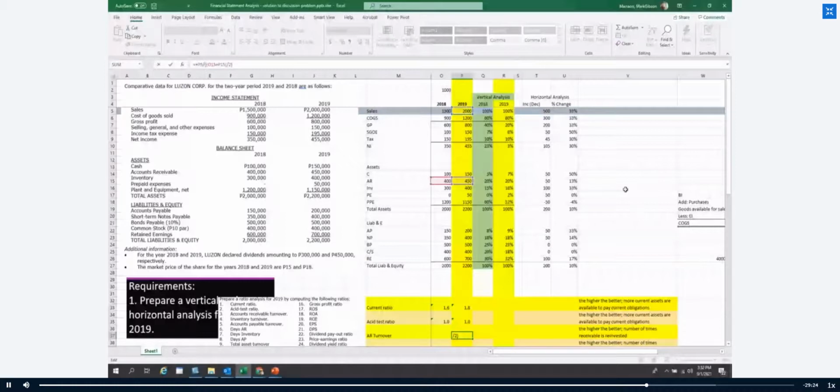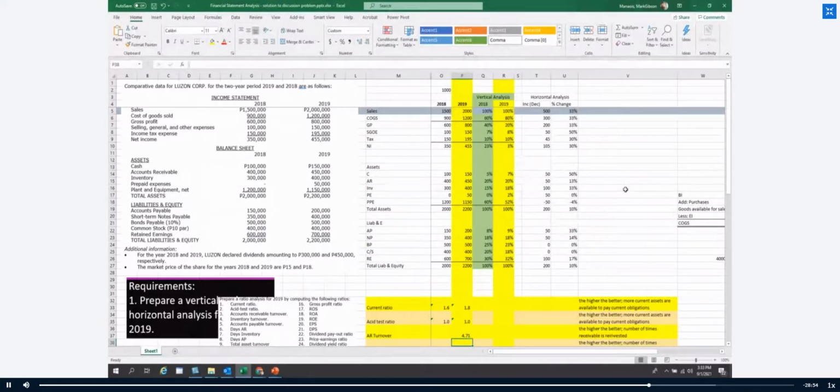Okay, so what is this ratio telling us? This is the number of times receivable is reinvested. So imagine you have your cash cycle. Whenever you sold inventory, that becomes your receivable. So when you sell your inventory, you will recognize your receivable, and then when you collect from your customer, that receivable turns into cash.